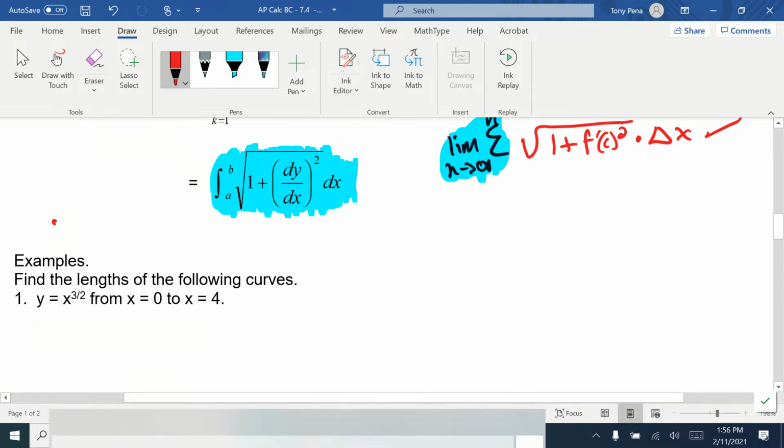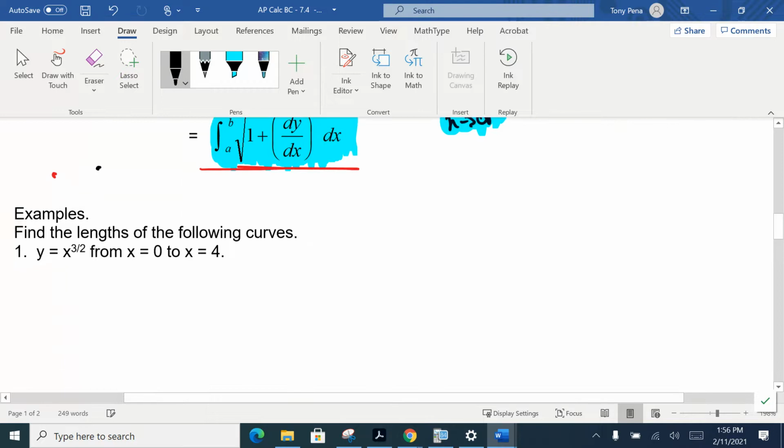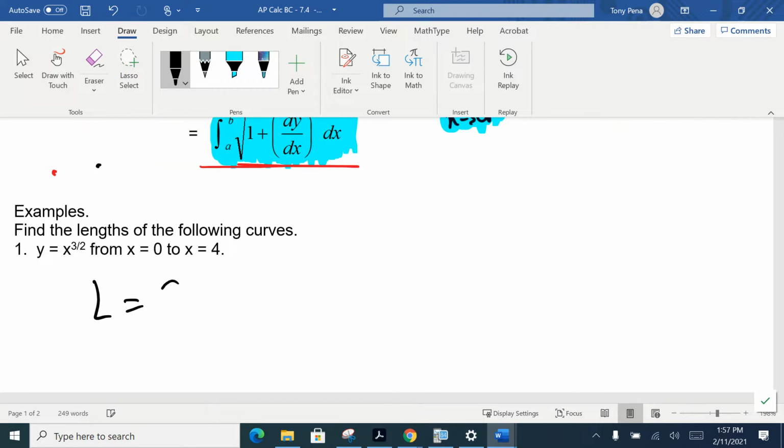If you go to number 1, we want you to find the lengths of the following curves. All we're doing is this formula right there. So if we know our formula is the integral from a to b of the square root of 1 plus the derivative squared, and since we're written in terms of x, we're going to do this with respect to x. The limits can't get any easier with this problem.